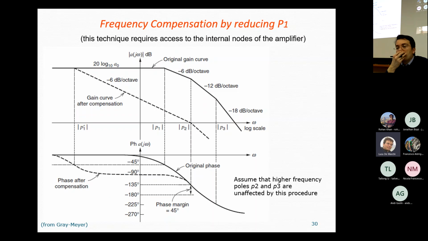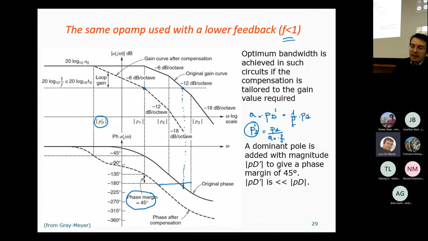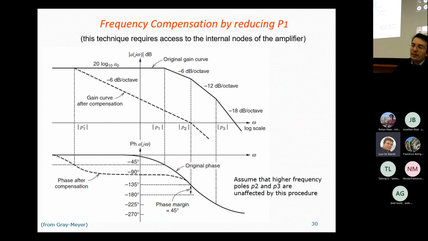Another possible alternative, rather than adding a dominant pole, is to shift the value of P1. This is an interesting technique because typically it allows us to achieve larger bandwidth.